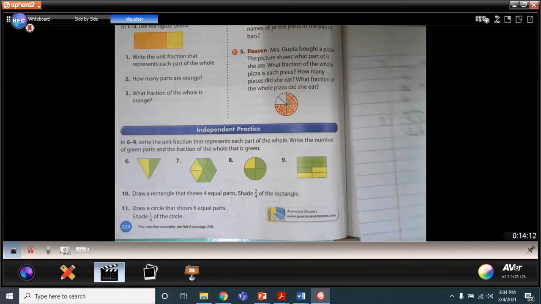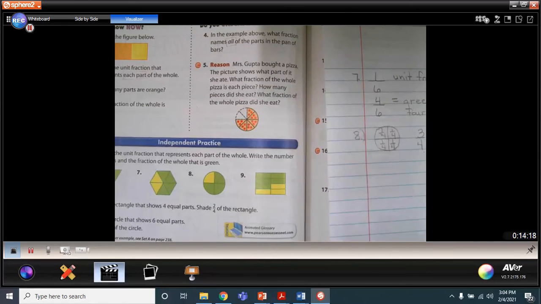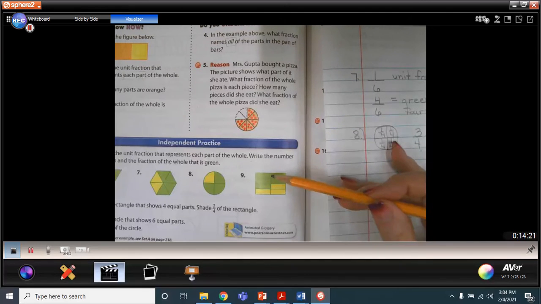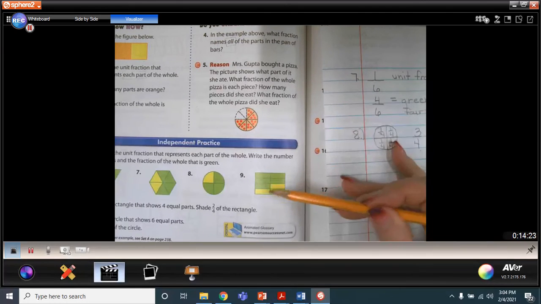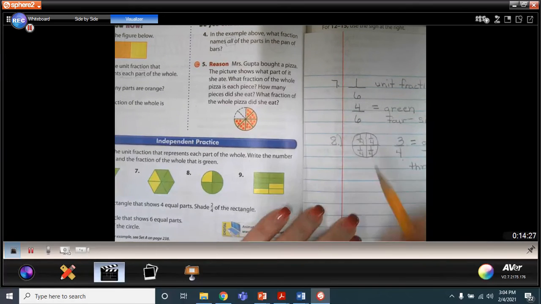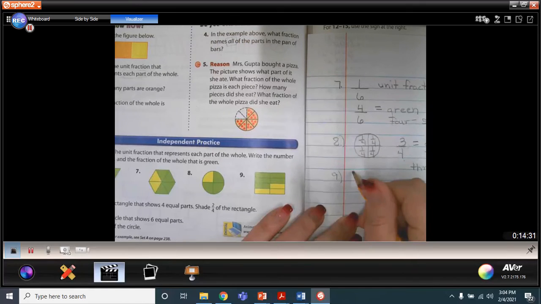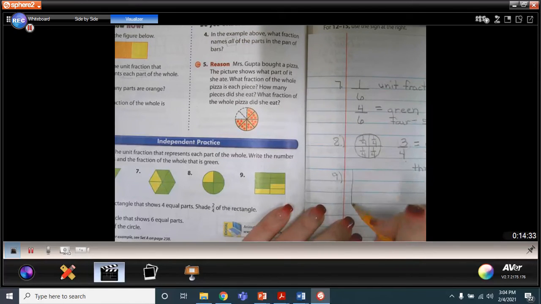Number 9. If I look at number 9, this one's broken up into many smaller pieces. I've got 1, 2, 3, 4, 5, 6, 7, 8. So each one of those pieces is going to be labeled 8s.